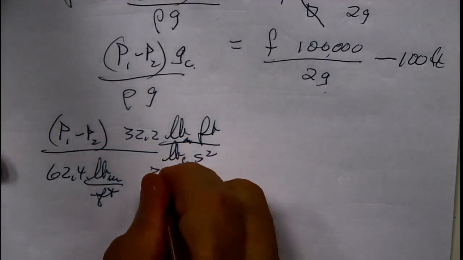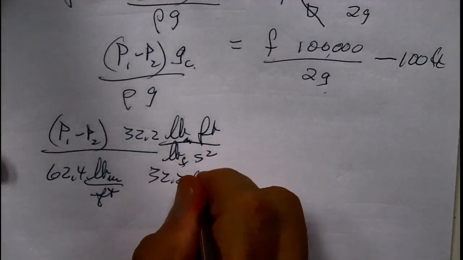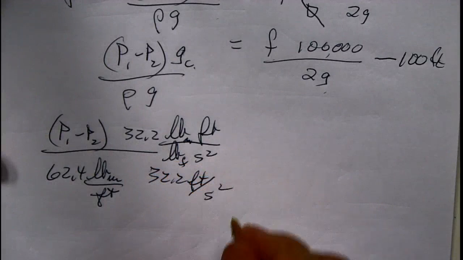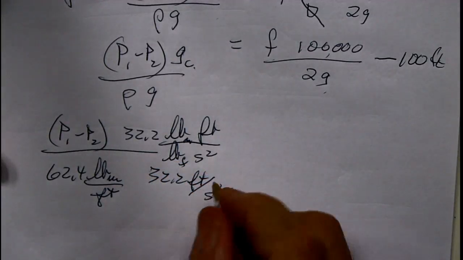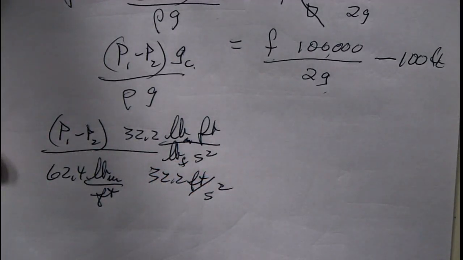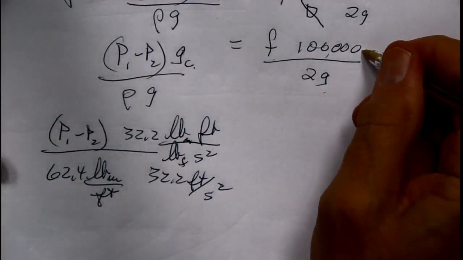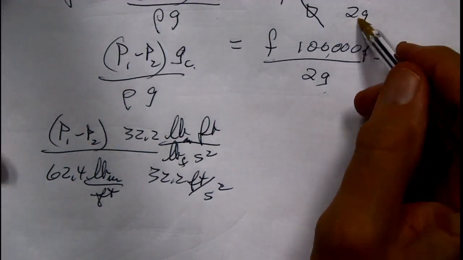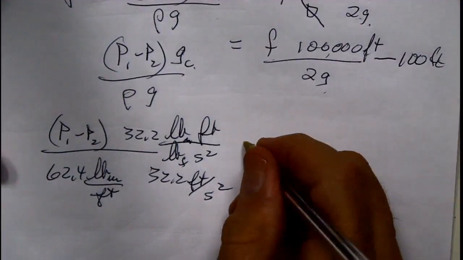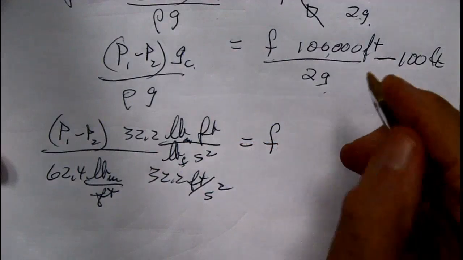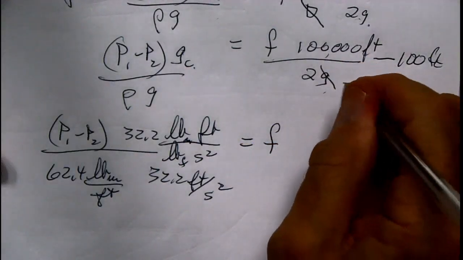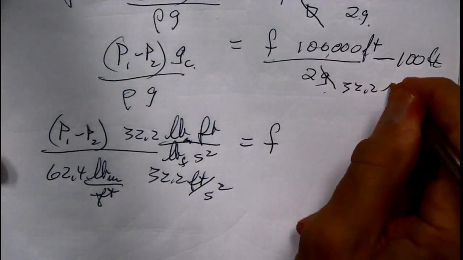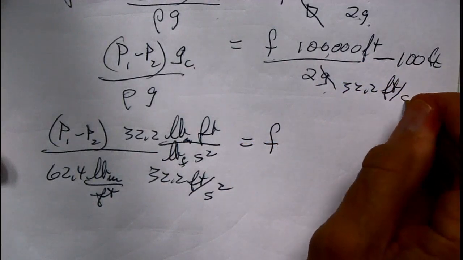Gravity is 32.2 foot per second squared. Okay, so that takes care of that side. And this is a foot. So over here I'll have F, and I'll put in here 32.2 foot per second squared.